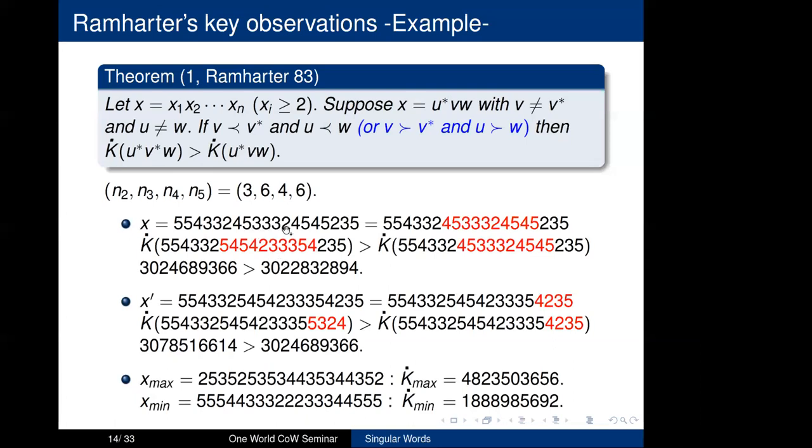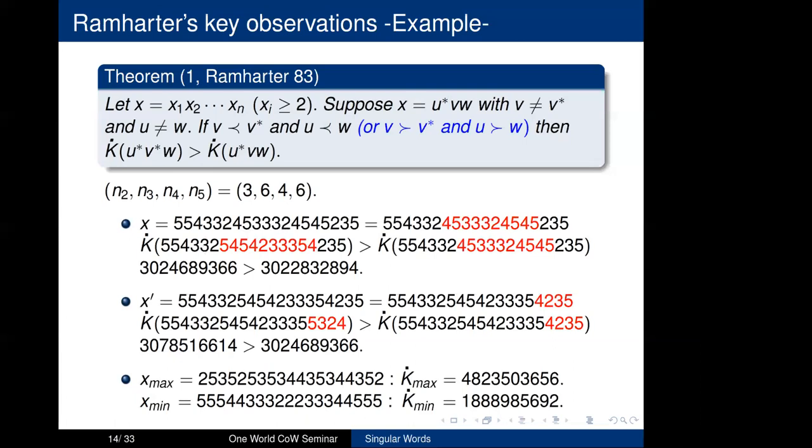But imagine us doing this for every possible factorization of X which verifies this condition. So take a word X in this abelian class, and for each factorization of X which verifies the condition of theorem 1, reverse the V and put a directed arrow from X to X prime, okay?